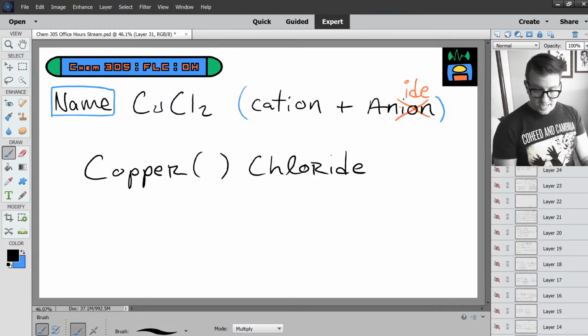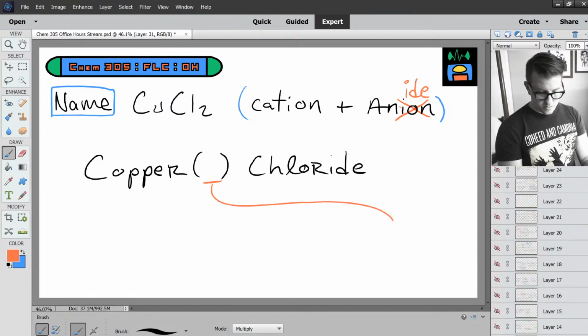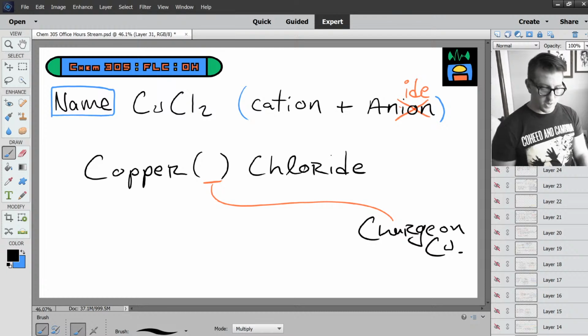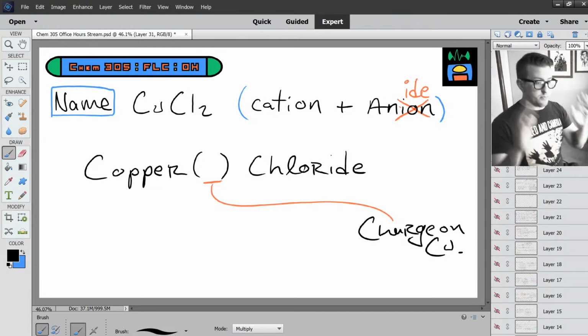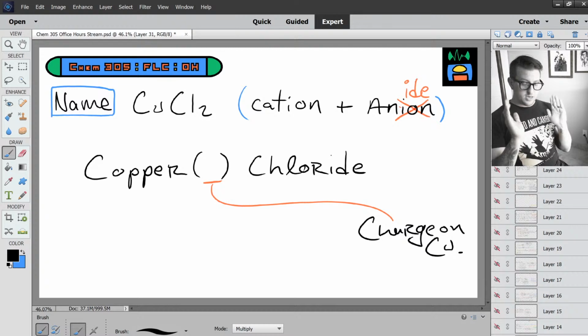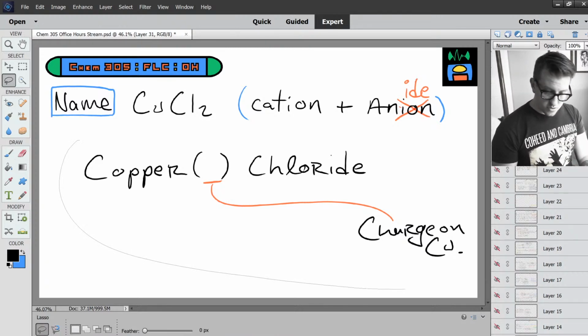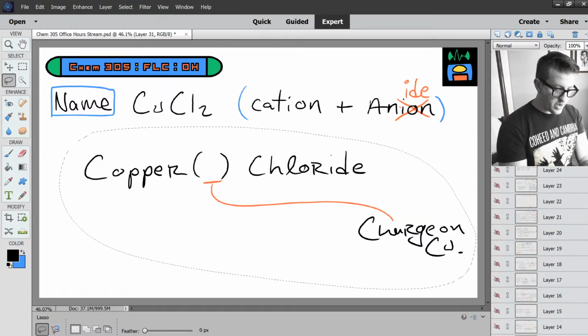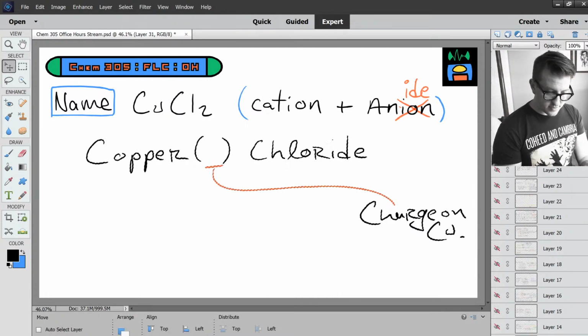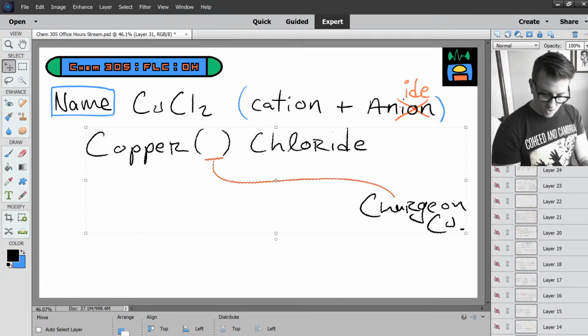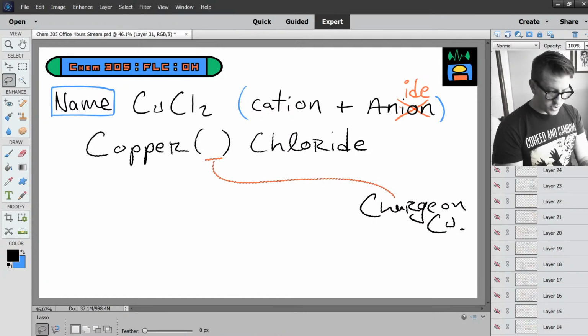Now, what goes in here is the charge on copper. The charge on copper goes in parentheses in Roman numerals next to copper. So what we need to do is figure out what that charge is.